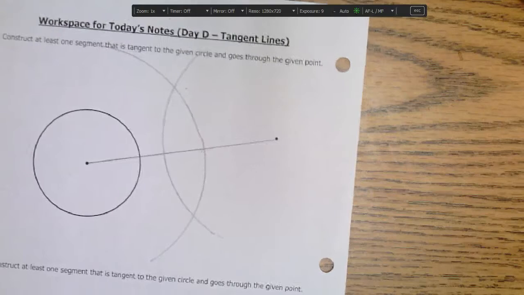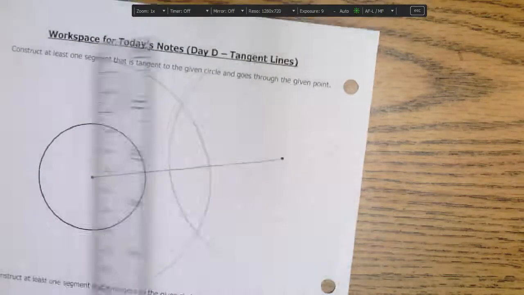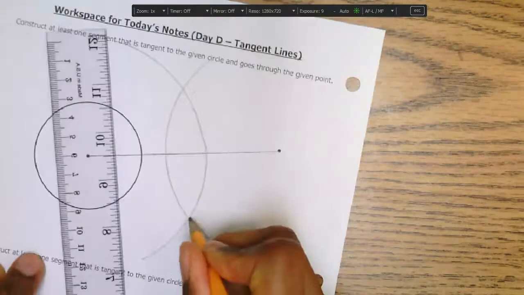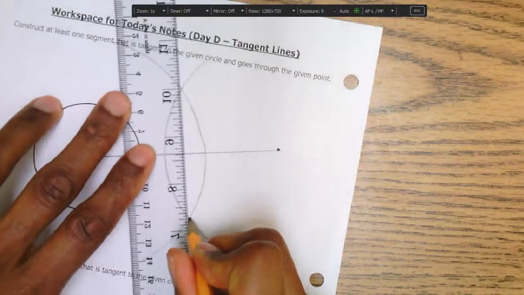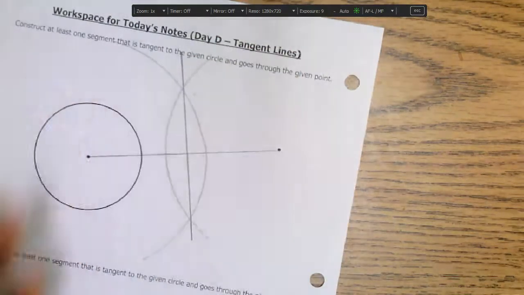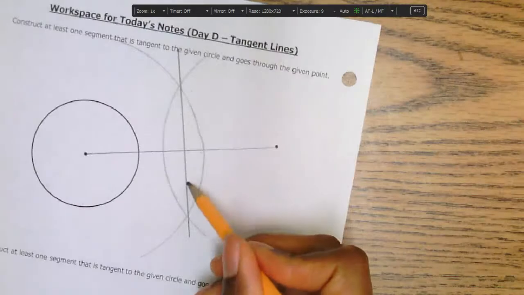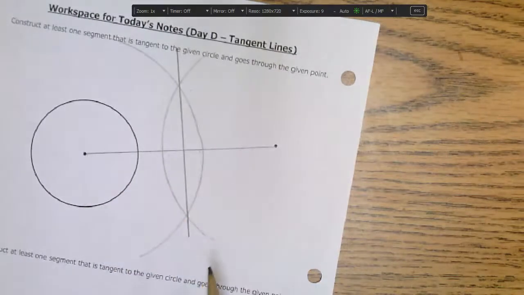Now, go ahead and draw the perpendicular bisector through the fish, like this. So this is the perpendicular bisector of the original segment that we created.